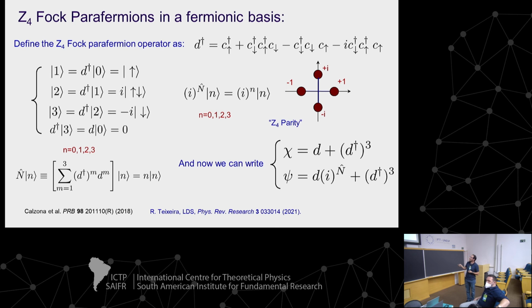D you can write in terms of the fermions, and that we know cannot have double occupancy. But D, perhaps. Okay. I mean, this state, up down, has a Fock parafermion number of 2. Right. So, yeah. Okay.